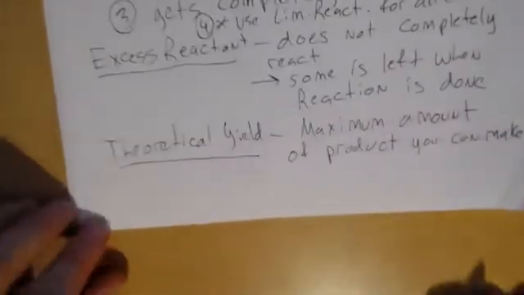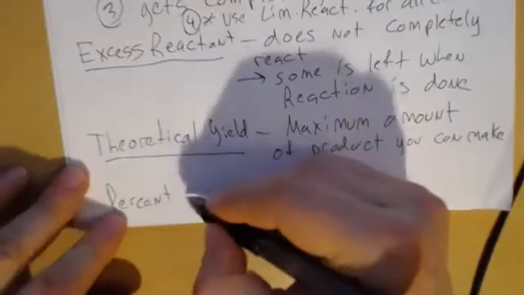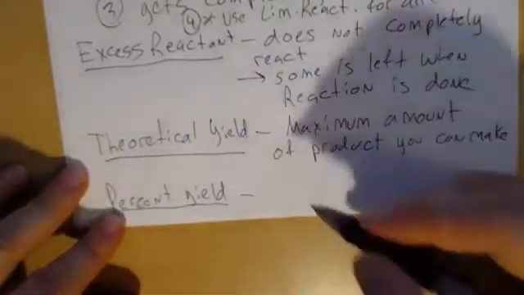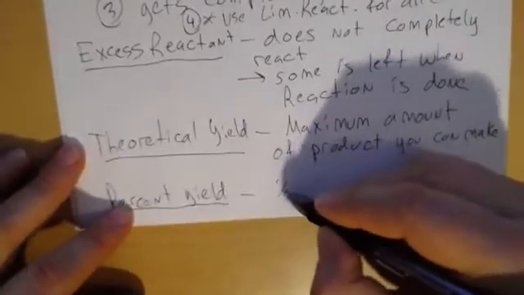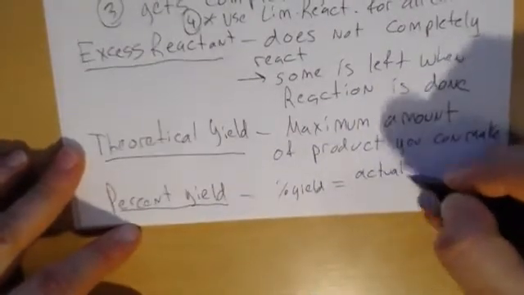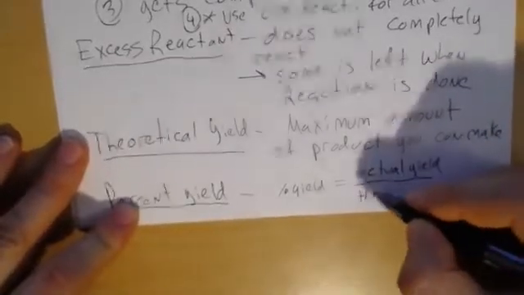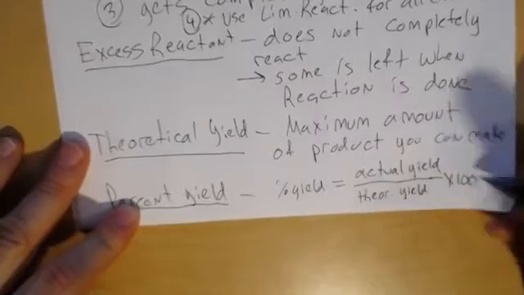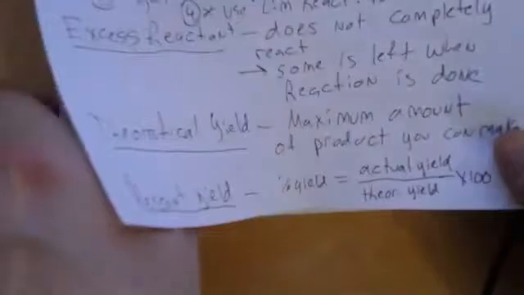And then finally, percent yield. And this is actually an equation. The percent yield is equal to the actual yield divided by the theoretical yield times 100.